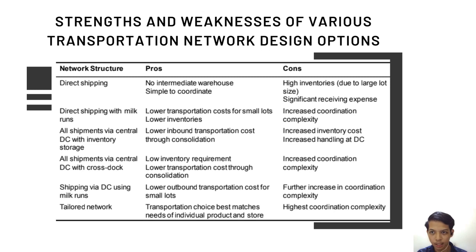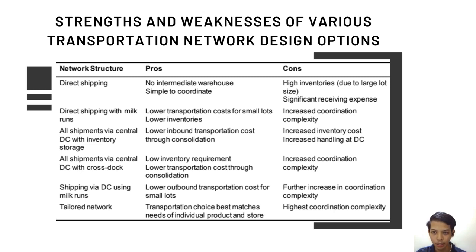A milk run is a route taken by a truck that either transports merchandise from one supplier to several retailers or from several suppliers to one buyer location. Less expensive inventories and transportation are advantages of this option. The shortcoming is heightened coordination complexity.